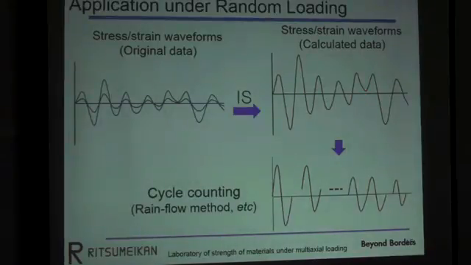This means that once we have this waveform, we can do cycle counting and get each amplitude. I mean we can separate the loading paths, for example, using the rainflow method.